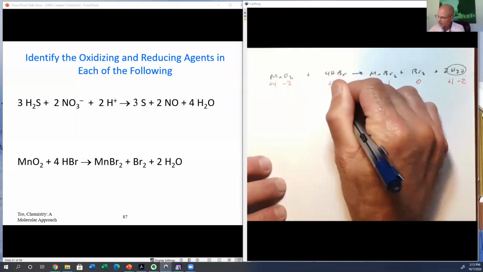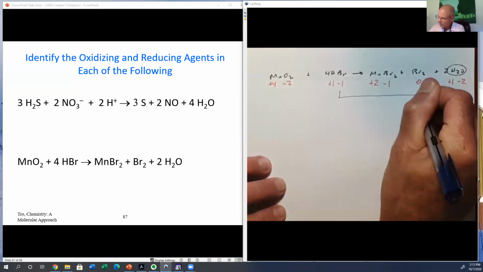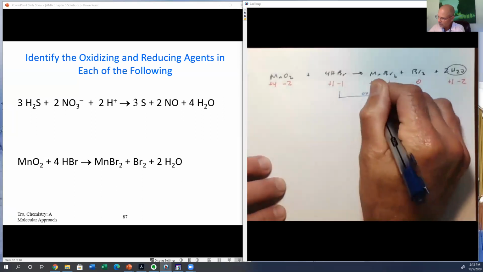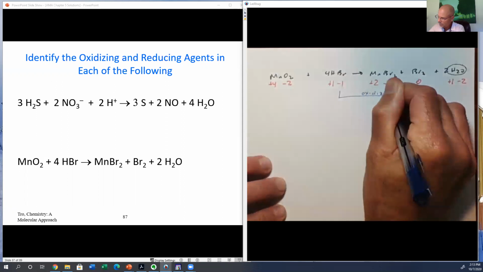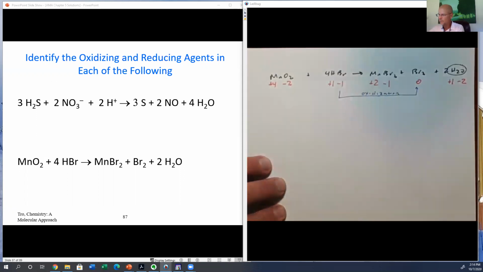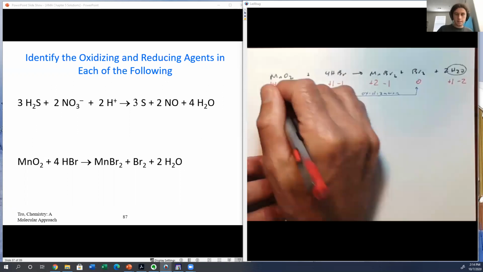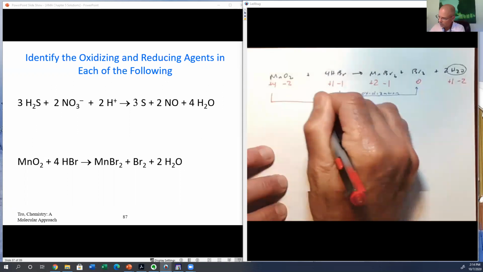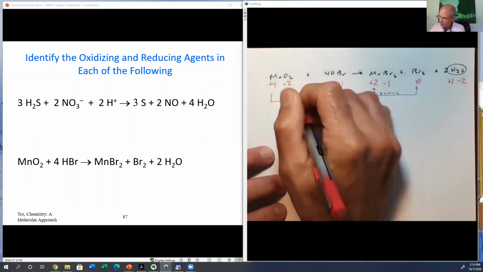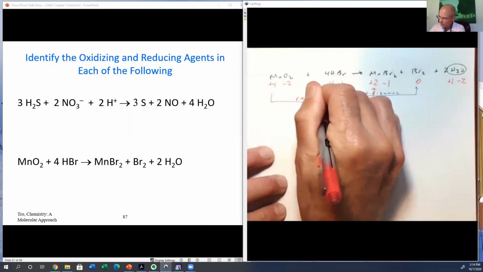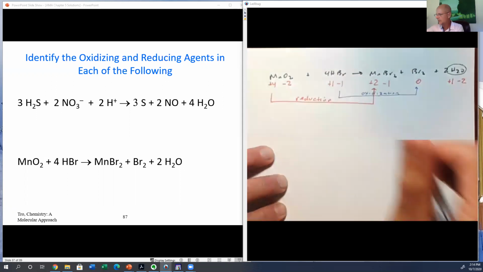Bromine's being oxidized, so there's your oxidation. And what is being reduced? Manganese, correct. Manganese is being reduced. So there's your reduction, right? It's going down in oxidation state.